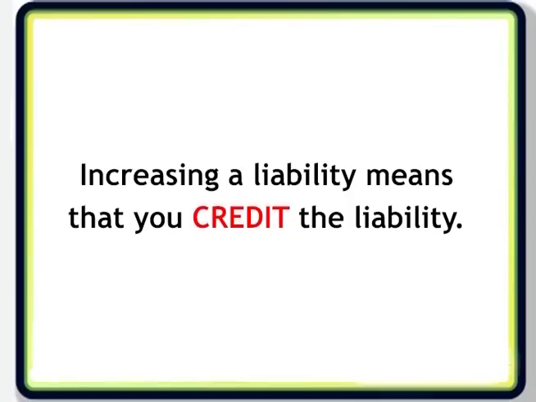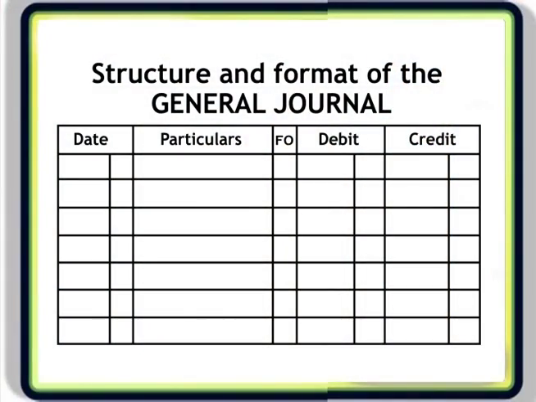credited. A journal entry has 4 parts. The parts include the date, every time. Secondly, the item to be debited.